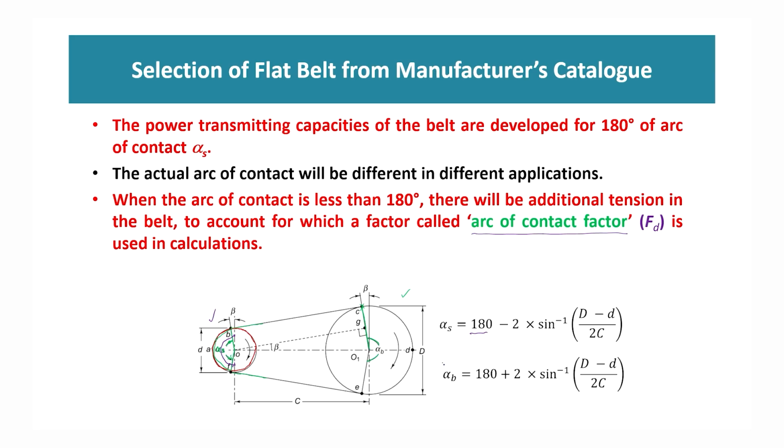And the alpha b, that means angle of wrap of the driven pulley, is given by 180 plus 2 sine inverse of capital D minus small d divided by 2c.